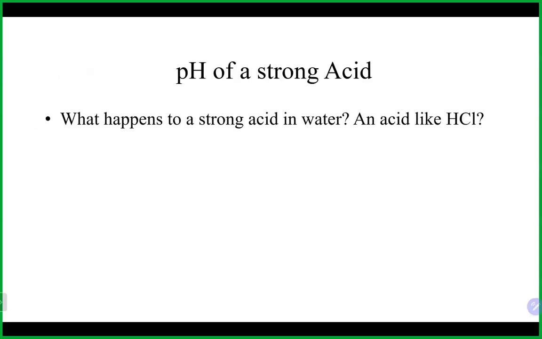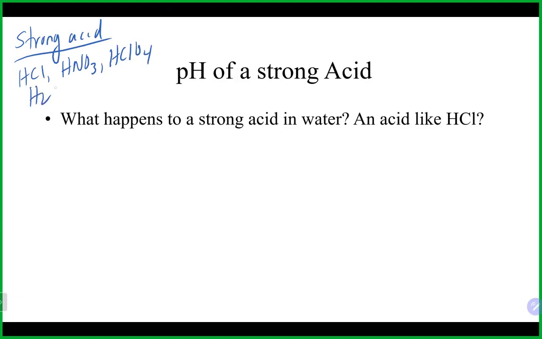So let's talk then about what happens when we have the pH of a strong acid. So remember that we talked about 6 strong acids. And again, a reminder that those strong acids are hydrochloric acid, nitric acid, perchloric acid, sulfuric acid, hydrobromic acid, and hydriodic acid.